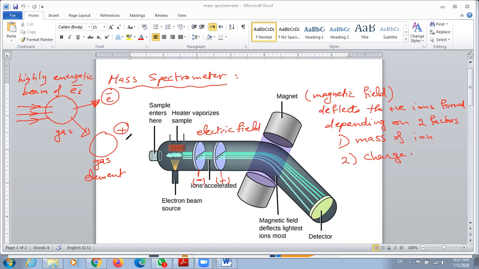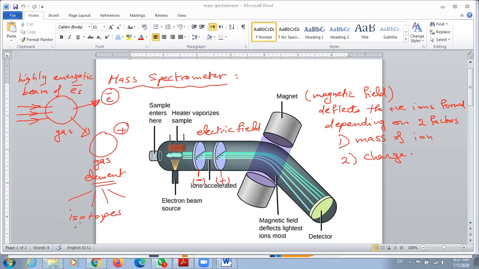Now we said that we are introducing here an element. And as we said a moment ago, that element consists of different isotopes, isn't it? Yes. Then each isotope has a different mass.